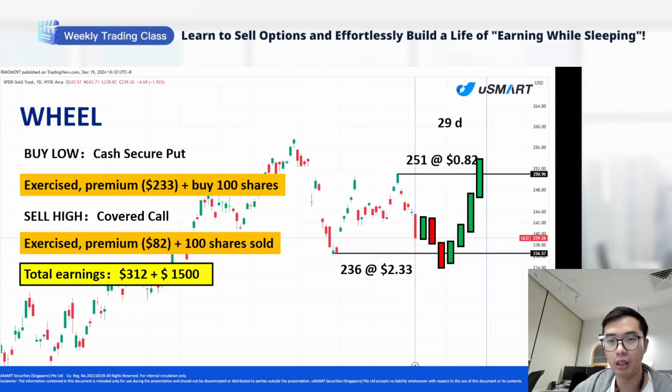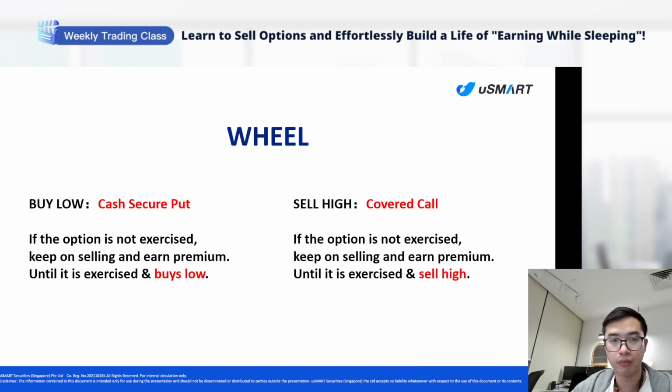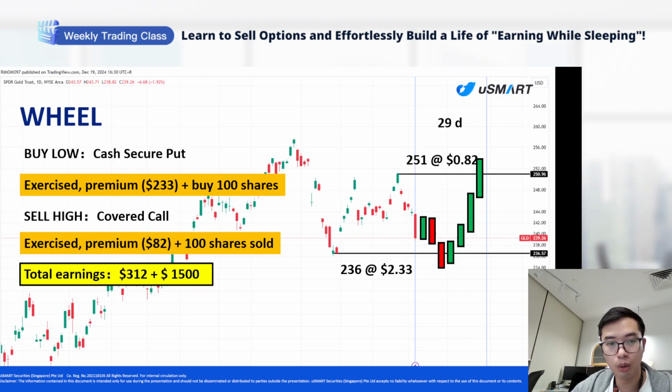And then we earn the premium. The previous premium when we sold puts is $233, plus this sell call premium, $82. Total $312 in premium. We will get $1,812.